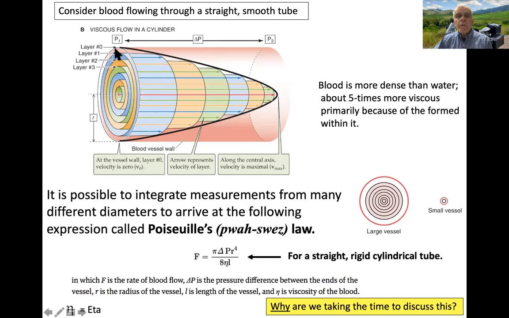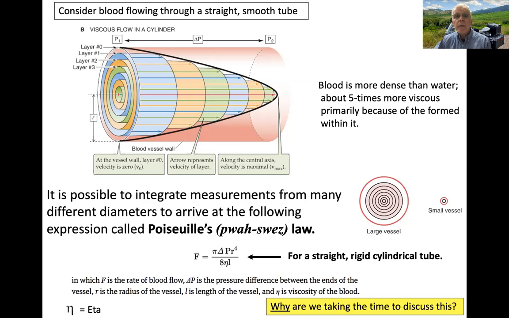It flows in a parabolic fashion where the velocity is greatest in the center and least right at the interface between the wall of the tube and the fluid. One of the major reasons for that is that fluid flowing against the inner wall of a tube, like a glass tube or a blood vessel, is going to have frictional resistance there. That's where it's going to be greatest.